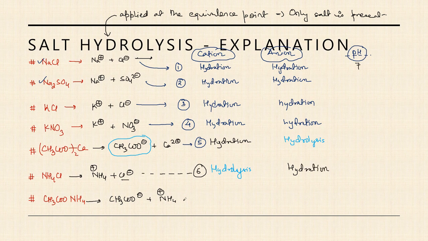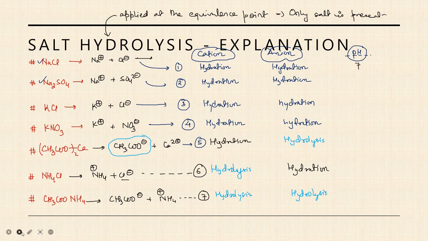HCl से. एंड इन दिस केस क्या लिखेंगे? Cation is coming from a weak base, anion is coming from a weak acid, therefore hydrolysis दोनों की होगी. हाइड्रोलिसिस इसकी भी होगी, हाइड्रोलिसिस इसकी भी होगी.